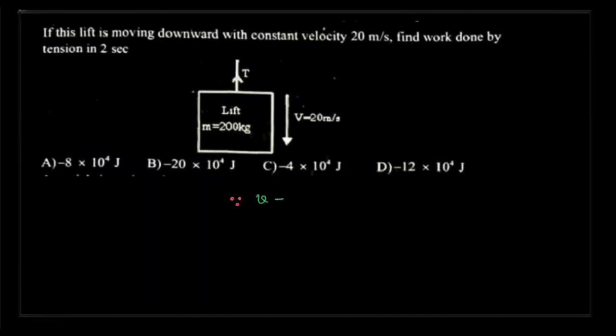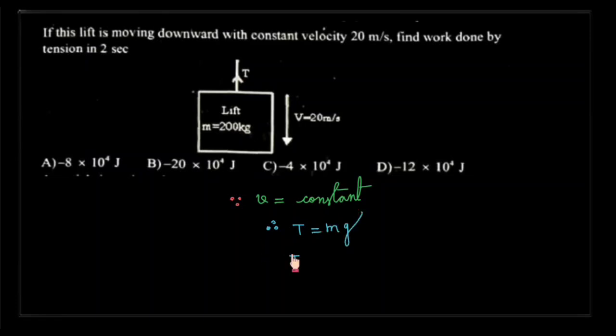Since v is constant, that is also like an inertial frame. Therefore, since the velocity is constant, you could say this tension is equal to m into g.